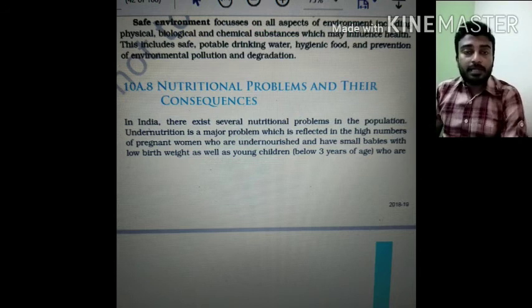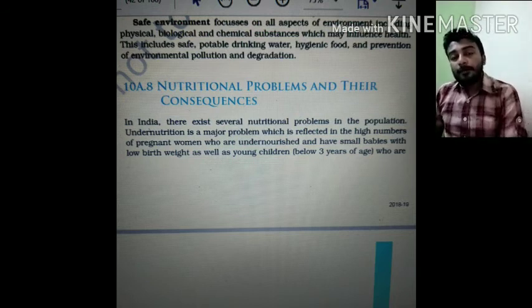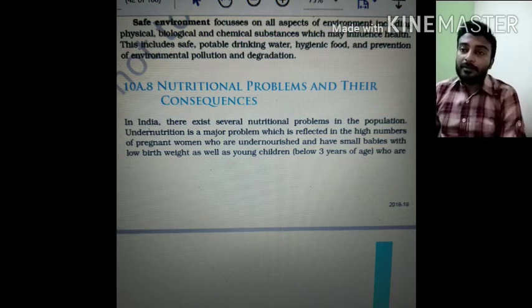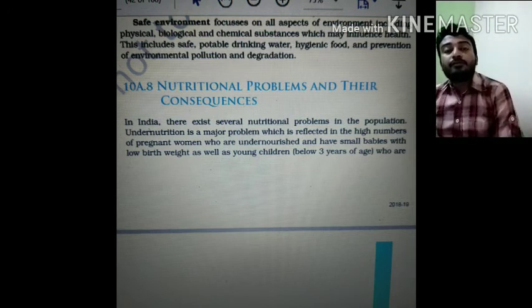To get rid of these diseases, we need to properly maintain our nutritional well-being, and for that reason we have to get rid of the different nutritional problems.